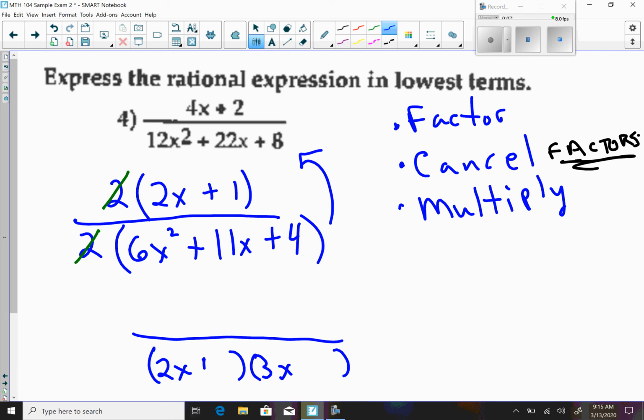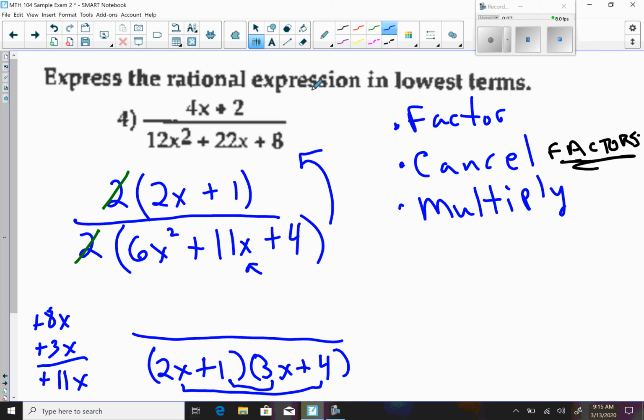I'm going to put positive 1 times positive 4 here. And that is correct because 2x times 4, those are the outers, is 8x. And 1 times 3x is 3x. Combine these like terms, and we get 11x, which is what's here.